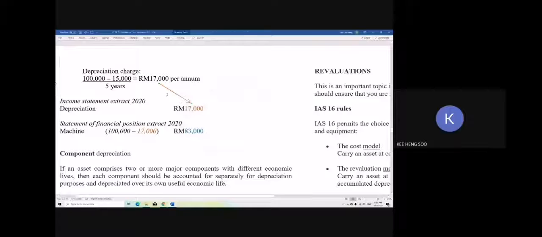So your statement of financial position will now be the new one, 100 minus 17, 83.